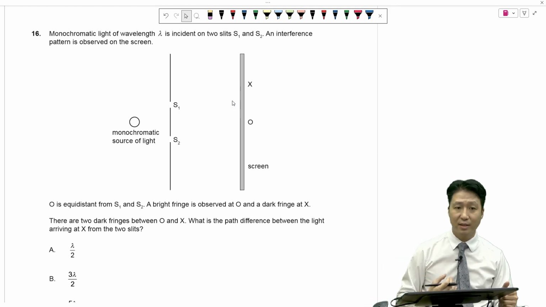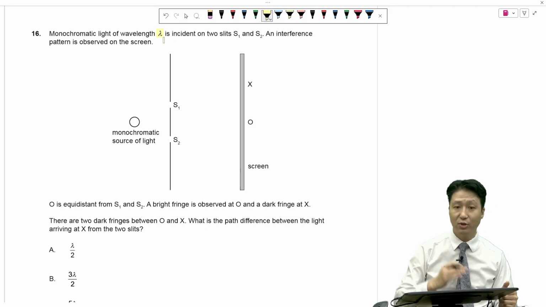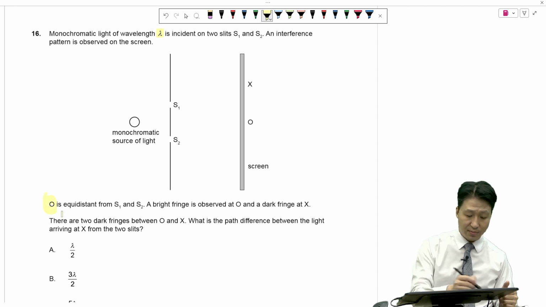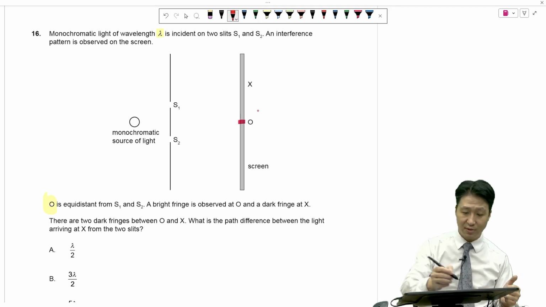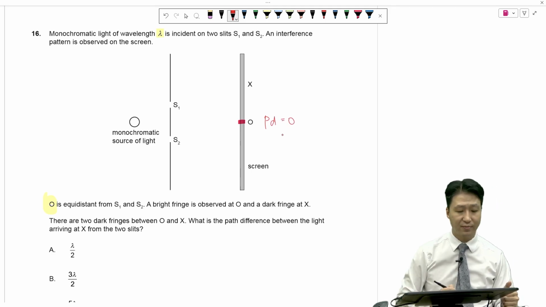In number 16, monochromatic light of wavelength lambda is incident on two slits S1 and S2, and an interference pattern is observed on the screen. O is equidistant from S1 and S2, so let's just mark that off. O is here. If it's equidistant, path difference is 0, and it's constructive.